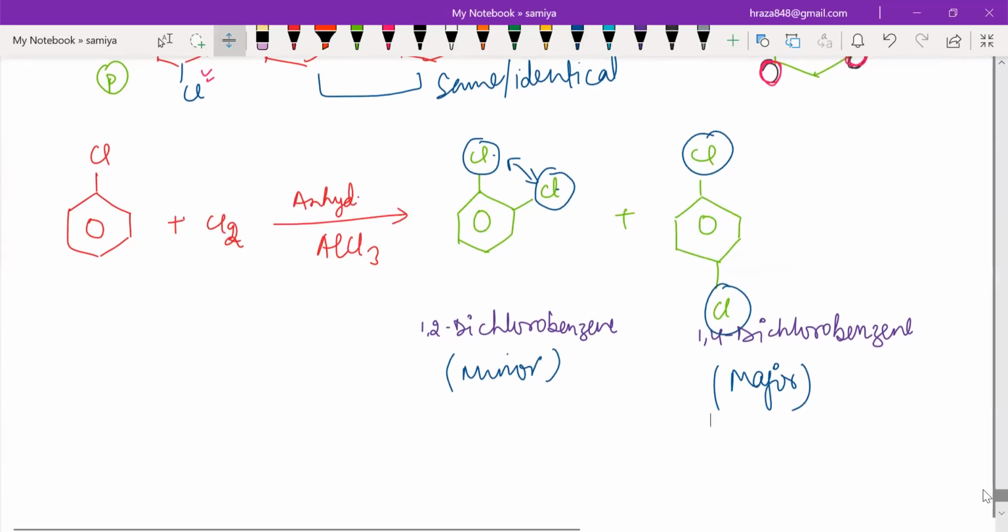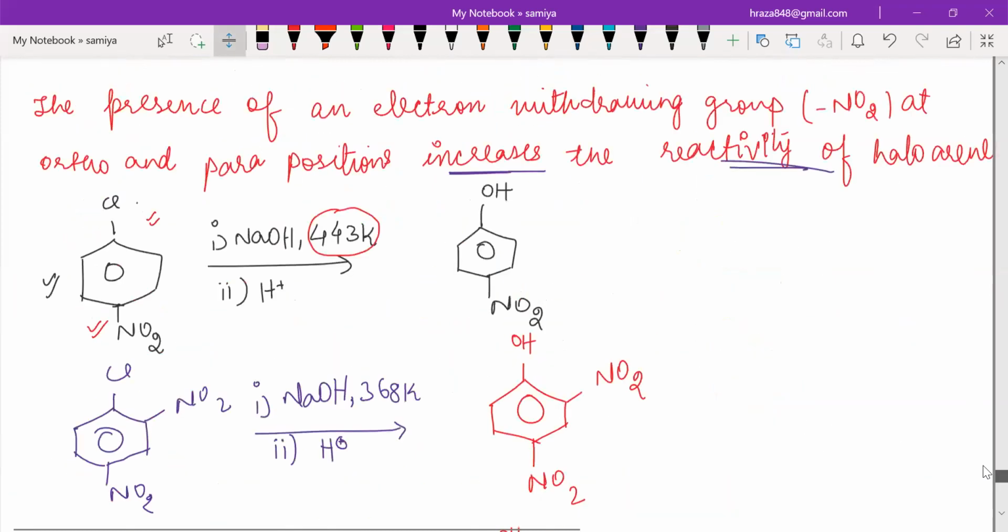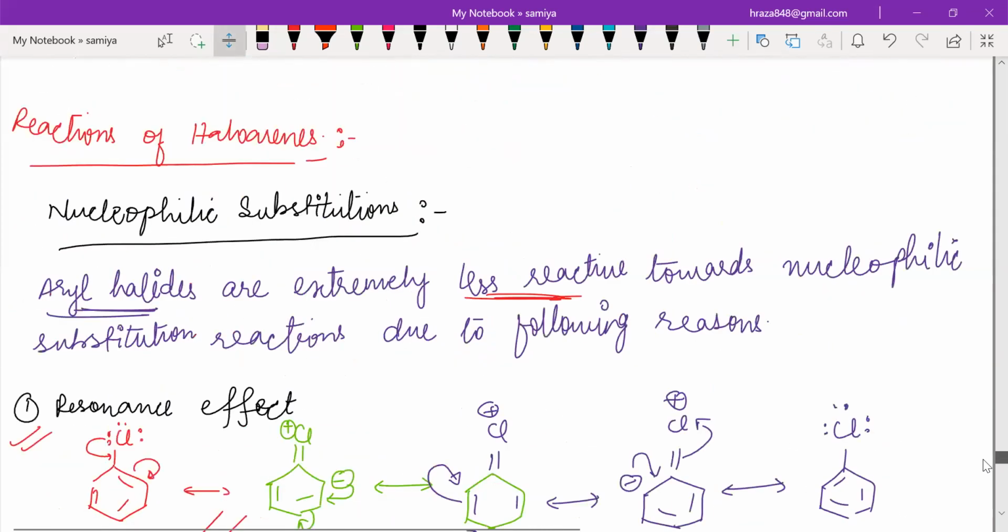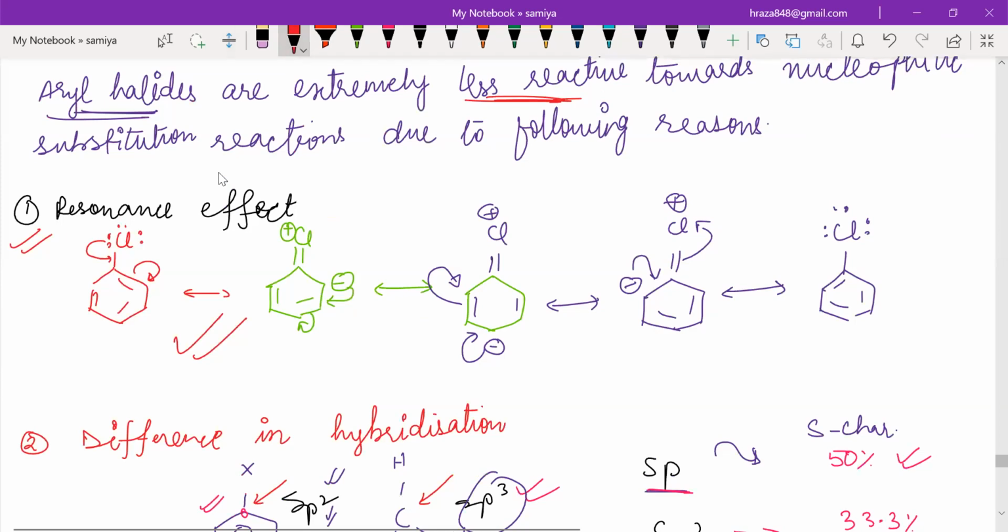Now see, did you do the resonance of chlorobenzene, if you remember? Yes, sir. So can you see the position of the negative charge? Is there any charge in this compound?